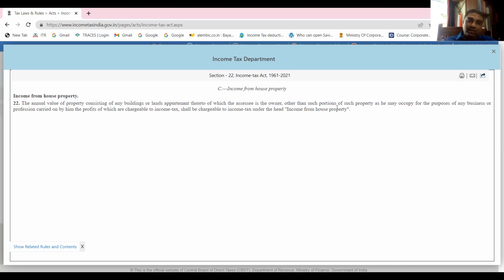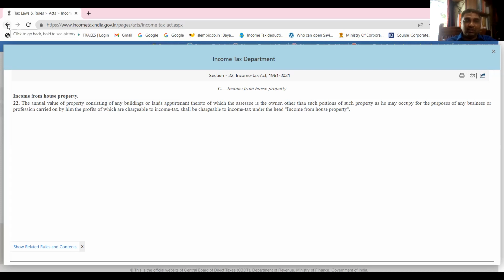That means if a portion of the property is occupied for his own business, then that will be excluded. What is chargeable under the head income from house property is the building or land appurtenant to it, of which the assessee is the owner, and that building's annual value will be chargeable to tax. However, if the assessee is occupying a portion of the building for his own business or profession, which is chargeable to income tax, that portion's annual value will not be chargeable. That is what section 22 says.